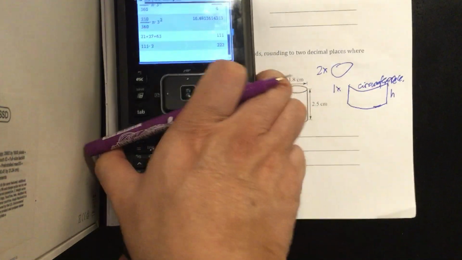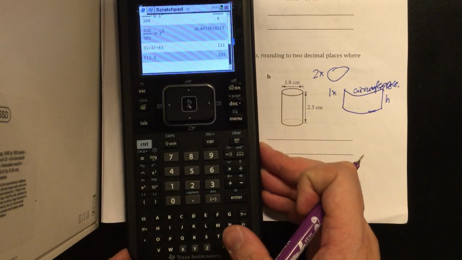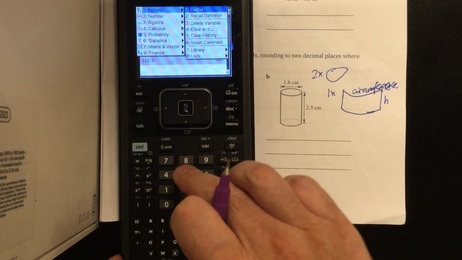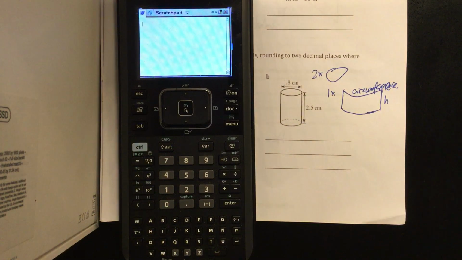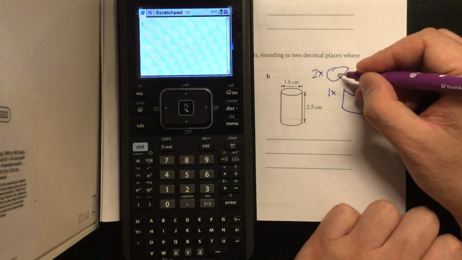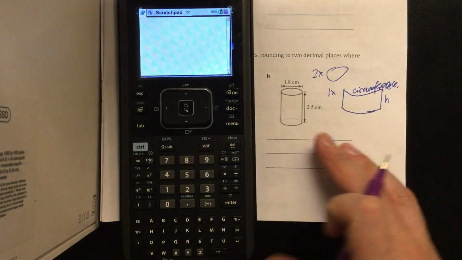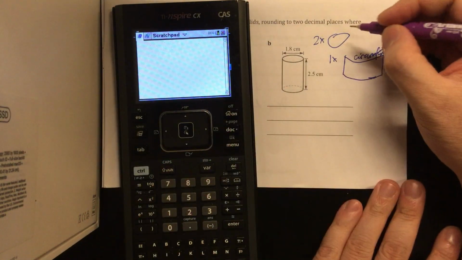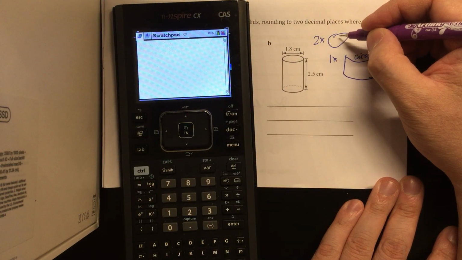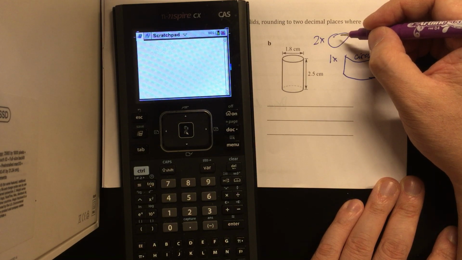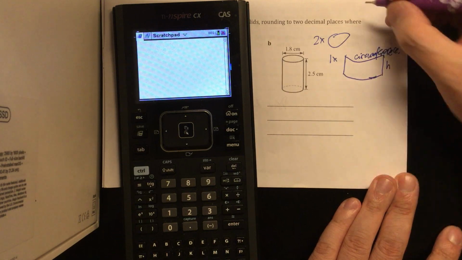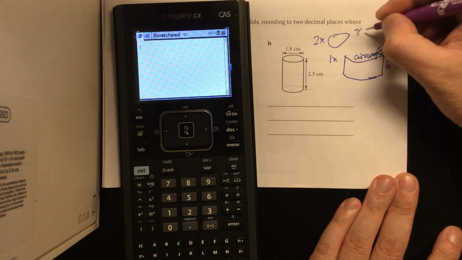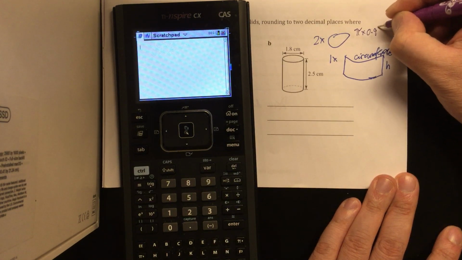Move on. The next one here will become quite difficult, so this will be an extended video. As I said, two lots of area here. Let's get the calculator in effect. How would you do this one here? How do we find the area of a circle? Isn't it pi times 0.9 squared?